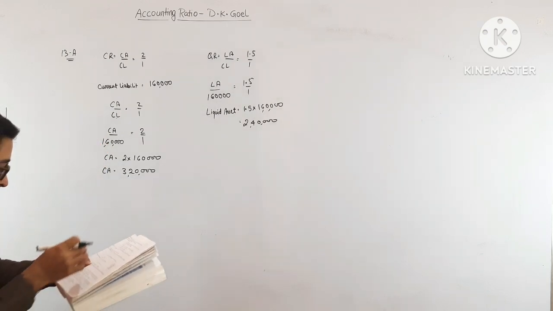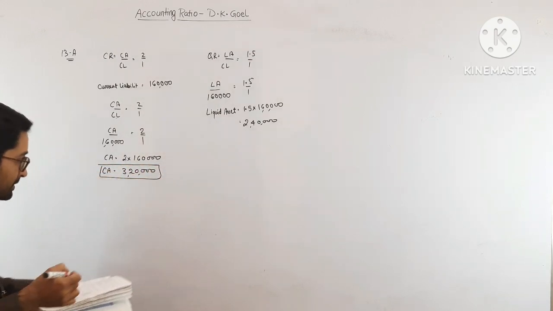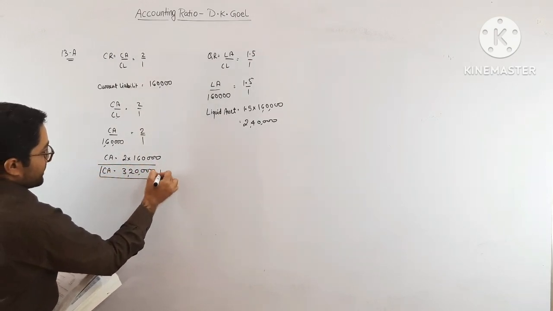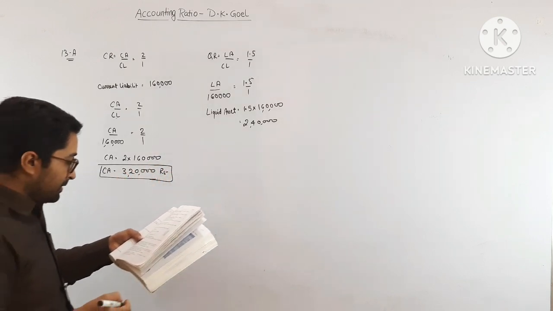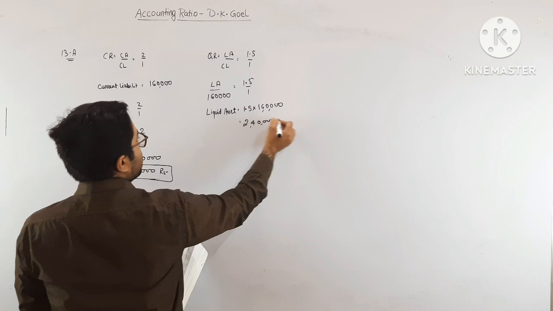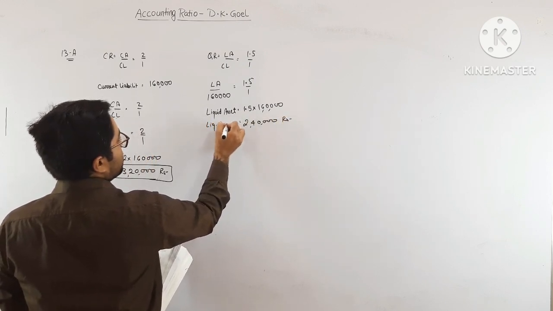So the value of current asset is 3,20,000 rupees. Also write rupees. Liquid asset is 2,40,000 rupees.